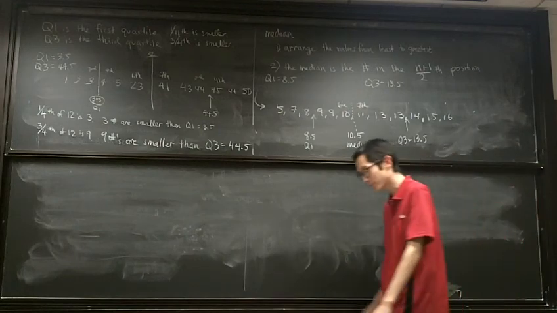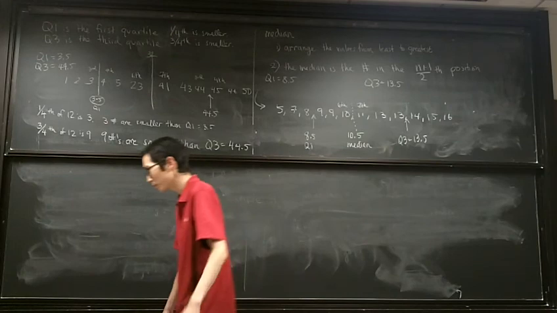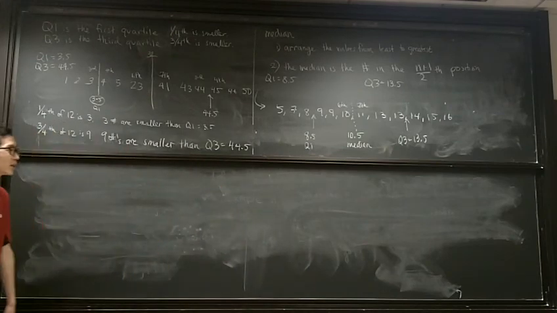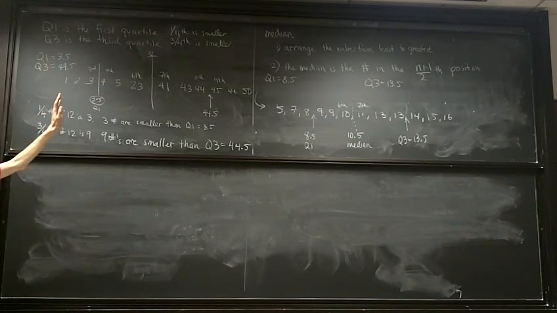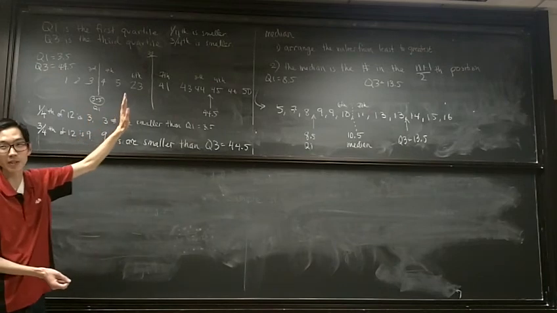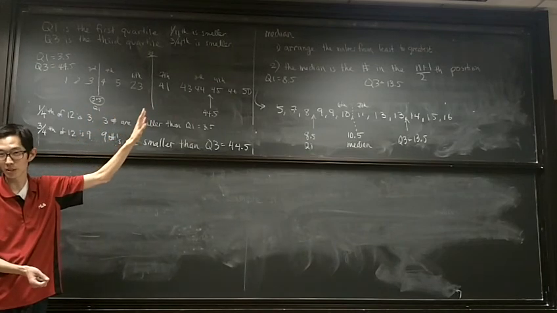It's unfortunate that it goes that way, but whatever. All right, so we won't worry about that. If I ask you on a test or quiz to find Q1 and Q3, there will be an even number of numbers, and you will be able to find Q1 and Q3 easily, okay?